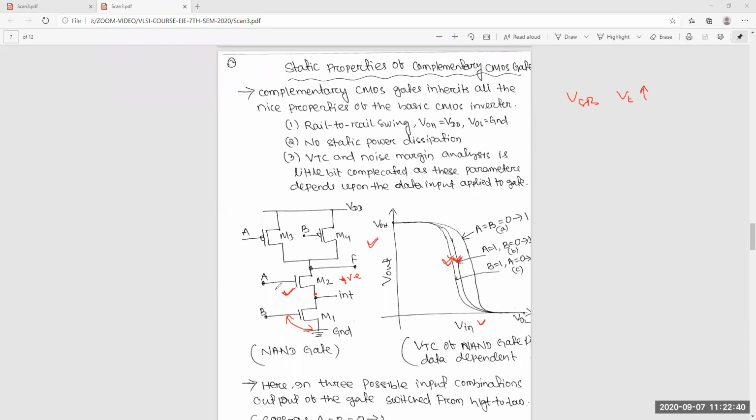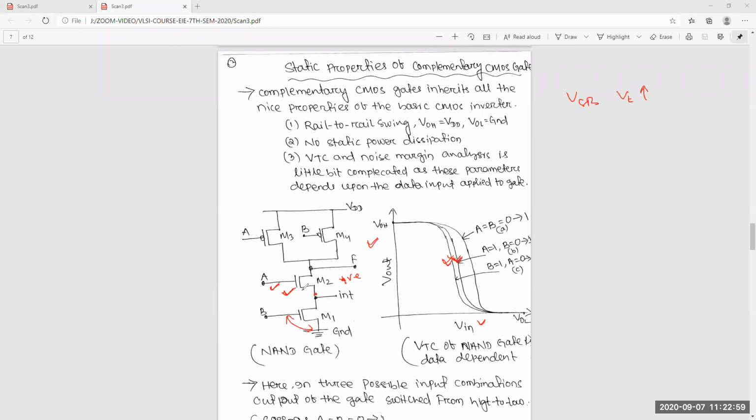Okay, so if the threshold voltage increases, then what happens? Definitely there will be some little delay.